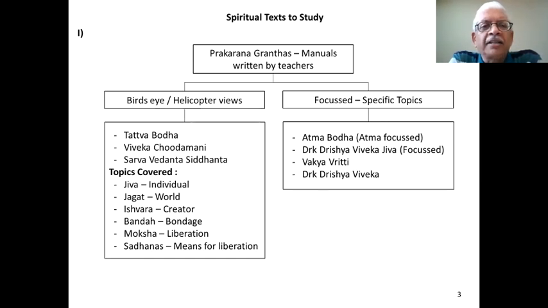So the Prakarana Granthas are of 2 types. One which gives the helicopter view or a bird's eye view of the overall subject matter, covering all the major topics of the study.